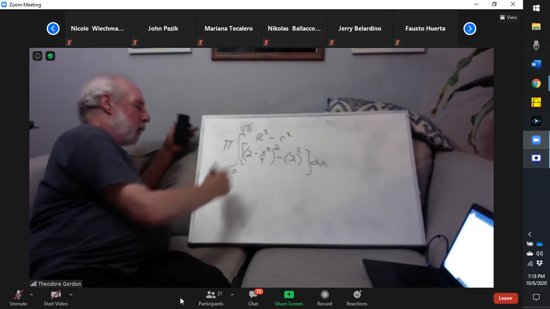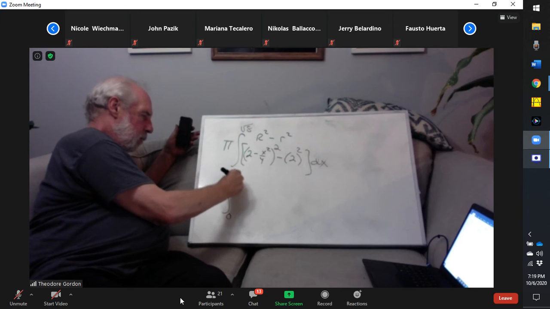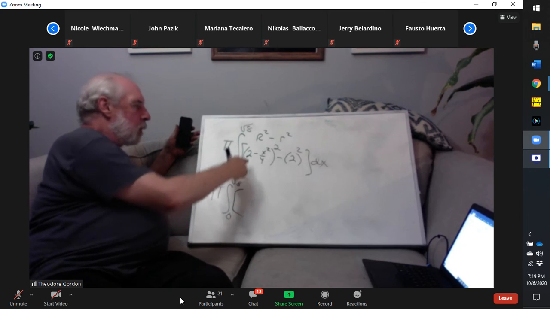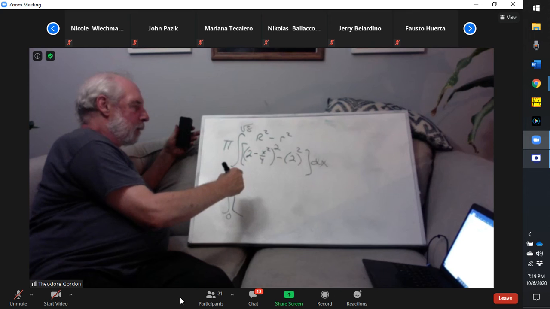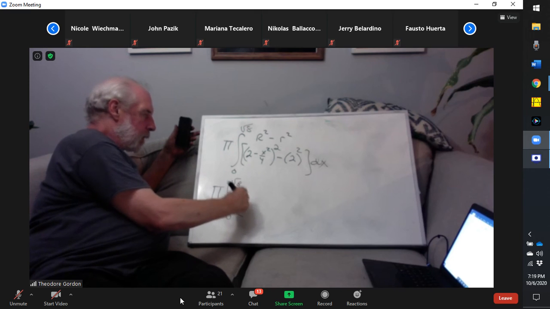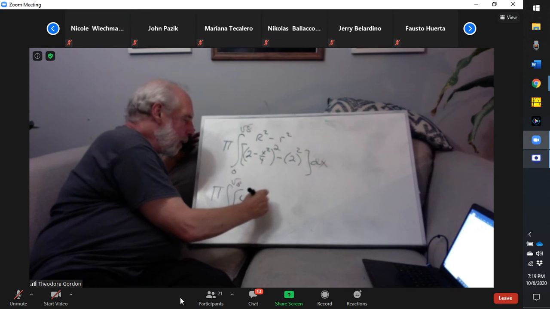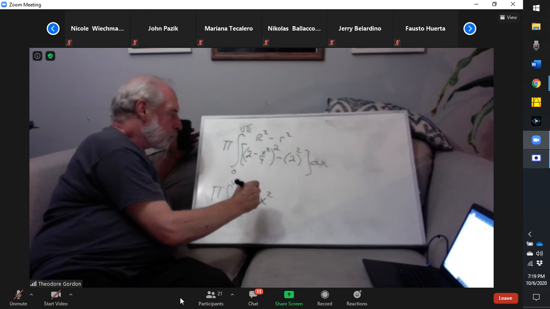So I have to multiply all this out. All right. When we square this, 2 times 2 is 4. Then we get minus a half. Then we get minus x squared.